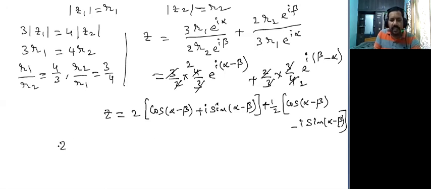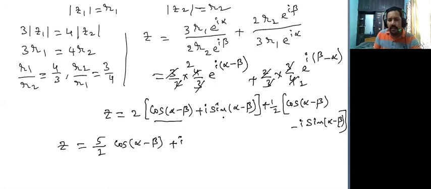Now finally see how many cos alpha minus beta terms are there. Here 2, here 1 by 2. 2 plus 1 by 2, that is 5 by 2 into cos of alpha minus beta, plus, now imaginary part, observe that sine alpha minus beta, here 2 terms are there, sine alpha minus beta minus 1 by 2 terms.